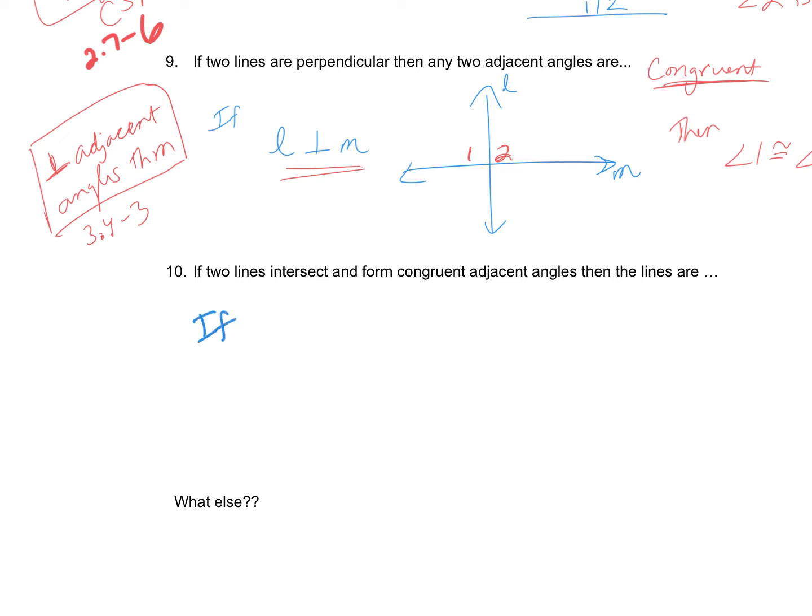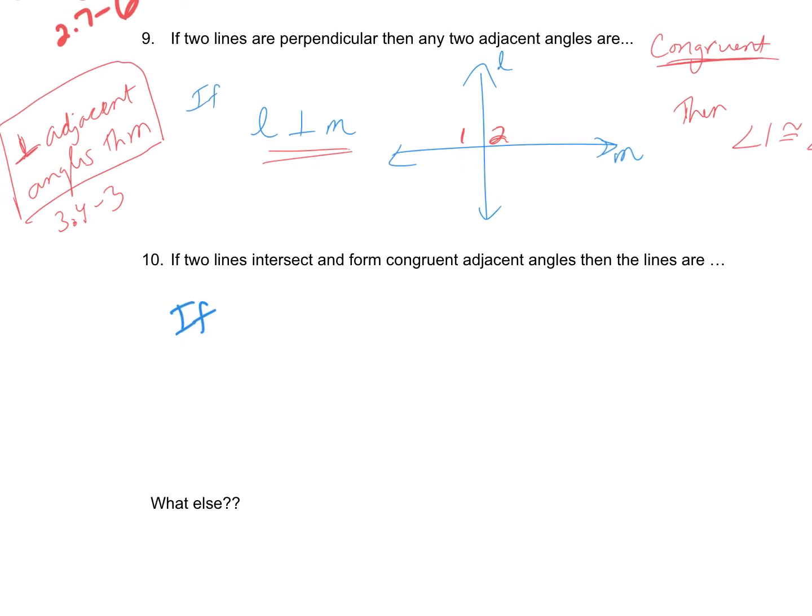Okay, so if two lines intersect and form congruent adjacent angles. Okay, so I've got intersecting lines again. And I'm noticing adjacent angles are congruent. Interesting, because that's the conclusion from the previous one. So angles 1 and 2 are adjacent angles, I know that those are congruent to each other.